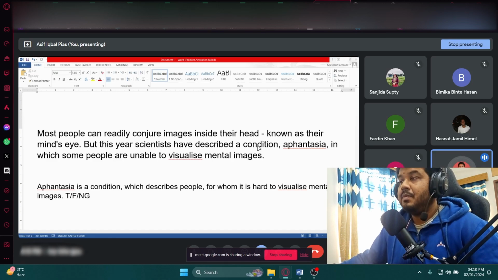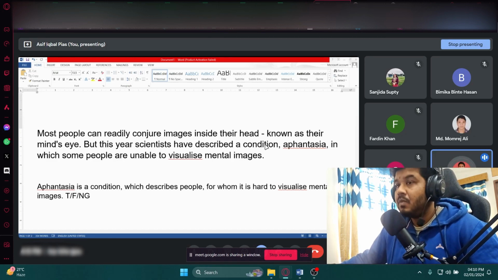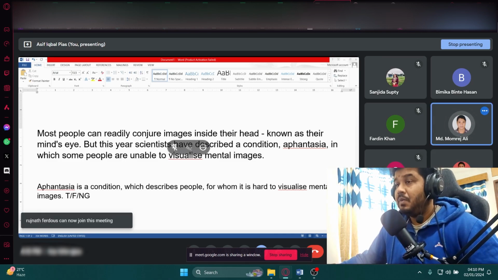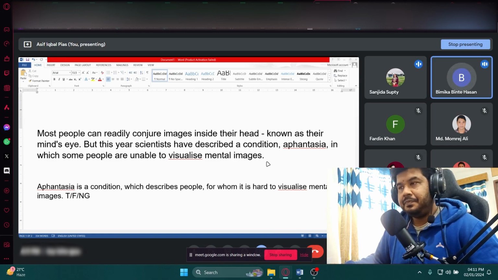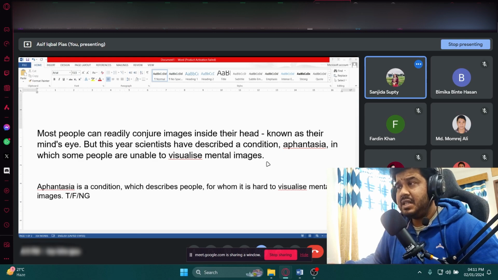Visualization, the ability to visualize mental images. Right. Can you be a little bit more specific, the ability to visualize what? Mental images, right.